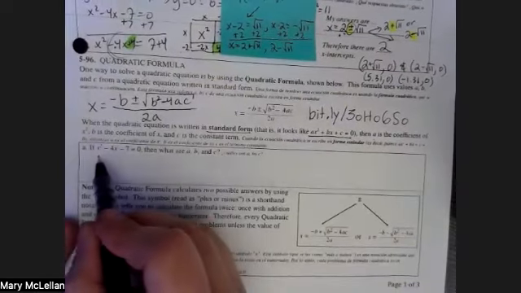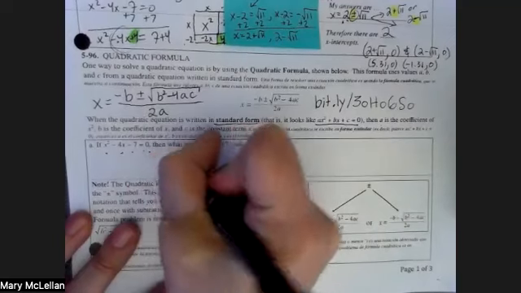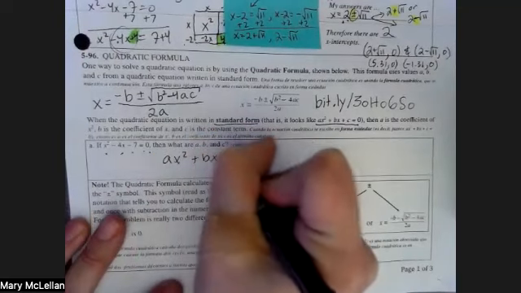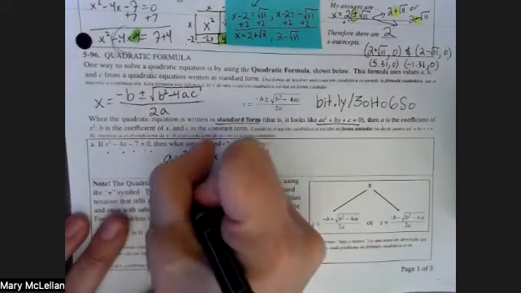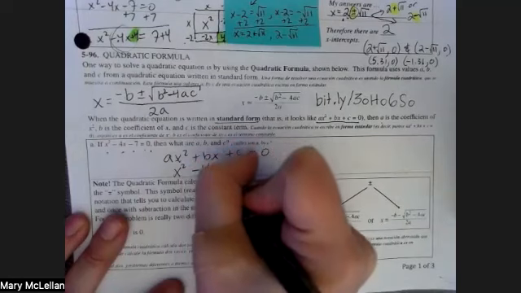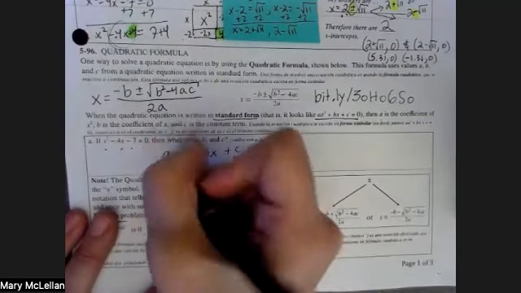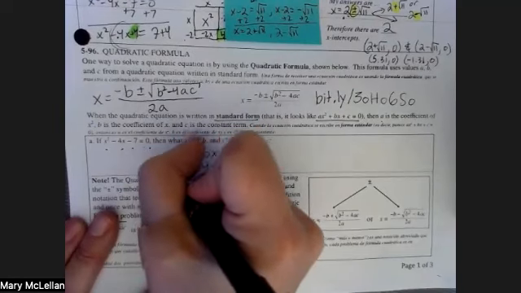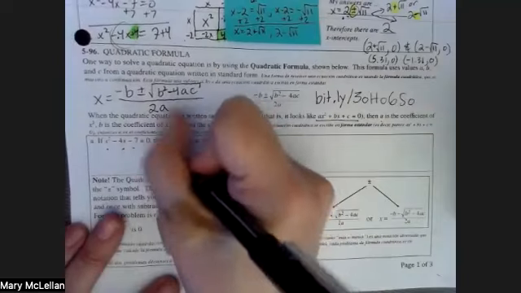So here we have x squared minus 4x minus 7 equals 0. And the question is, what are a, b, and c? We have ax squared plus bx plus c equals 0, and we're trying to match that to this equation. Now the number in front of x squared is 1 if it's missing, because 1x squared is the same as saying x squared.